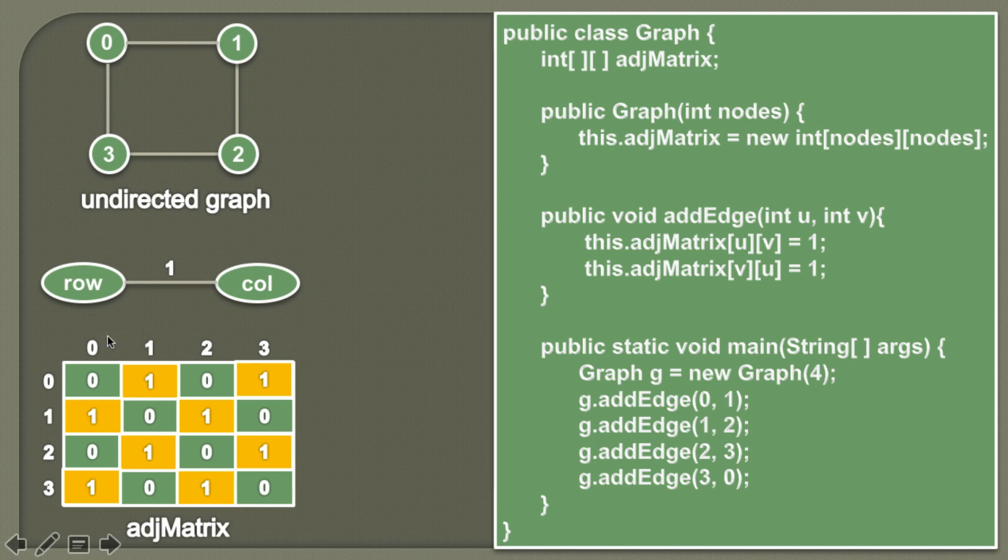So in the matrix we represented it as: from row 0 to column 1 there is an edge, and from row 1 to column 0 there is an edge. So friends, this is how we can represent a graph in the form of a two-dimensional array, which is nothing but a matrix. In my next tutorial we will actually code this algorithm in Eclipse.